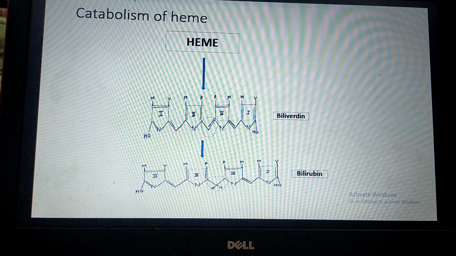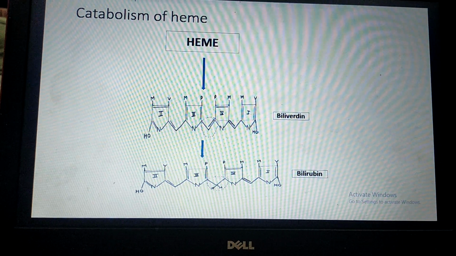In biliverdin there is a double bond between the third and fourth pyrrole ring, but due to addition of 2 hydrogen atoms by NADPH, that double bond between the third and fourth pyrrole ring is saturated and it becomes yellow-colored bilirubin.